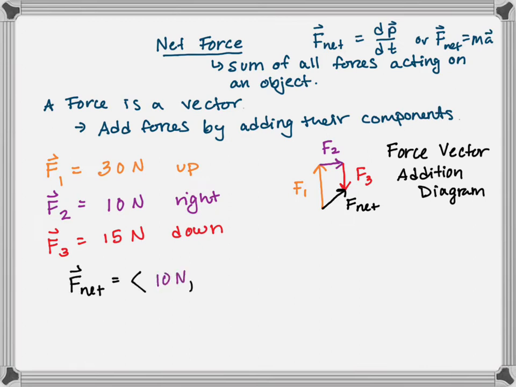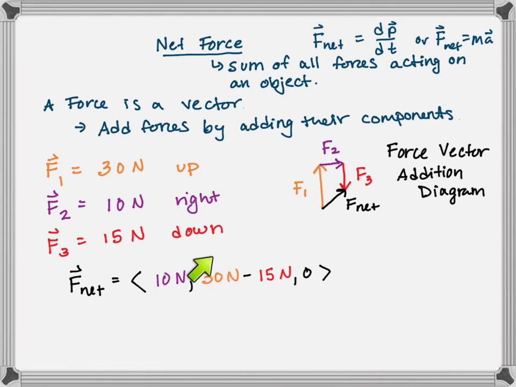So the net force in this case, we could just take the x components, the y components, and the z components and add them up. In this particular example, we have just one force that's in the x direction, and it's purely in the x direction. It has no y or z components, and that's force 2. So I'm going to put that in my x component for my net force. The y component, though, we've got two forces in the y direction. That is F1 going up and F3 going down.